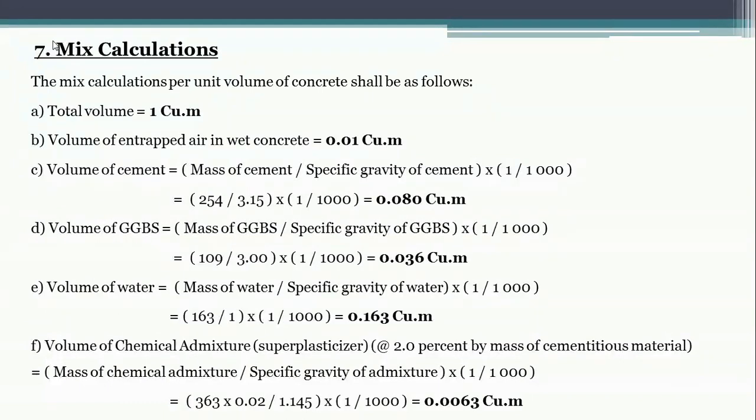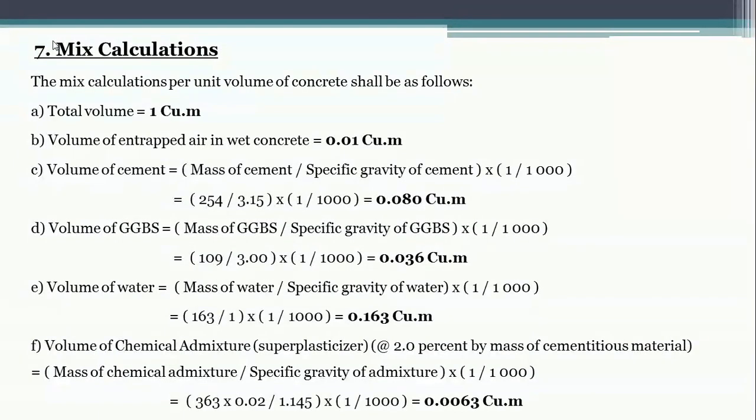Next, volume of chemical admixture. They have told in the data that you have to use a 2% dosage of the total cementitious material, that is, 2% by mass of the cementitious material. The formula is mass of chemical admixture divided by specific gravity of chemical admixture into 1 by 1000.